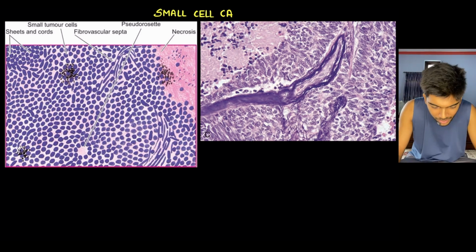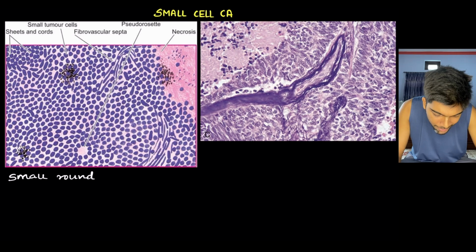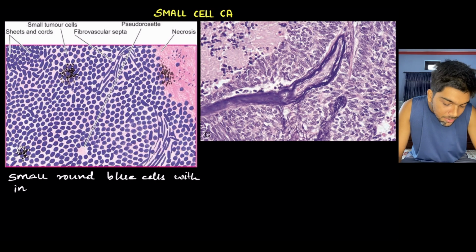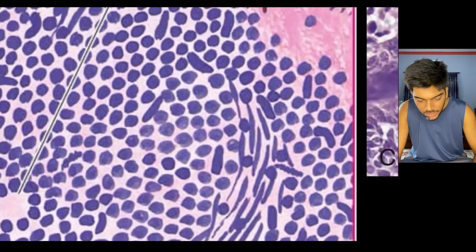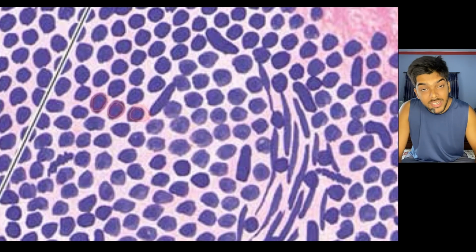So in neuroendocrine tumor, what you get to see are small, round, blue cells with indistinct border. See, the cells are small, they are round, and they are blue, and the border is not distinct.